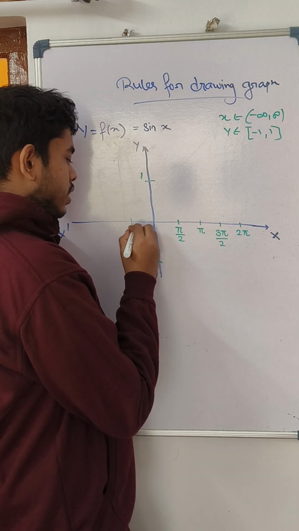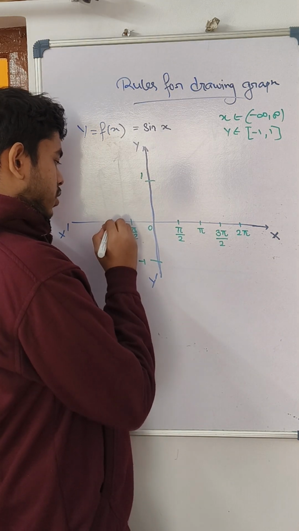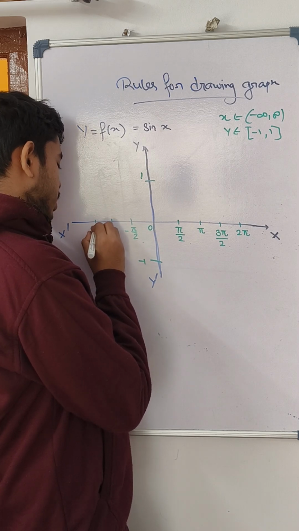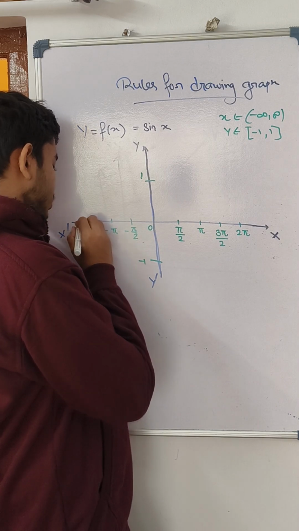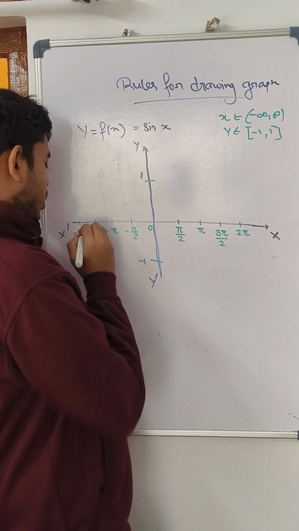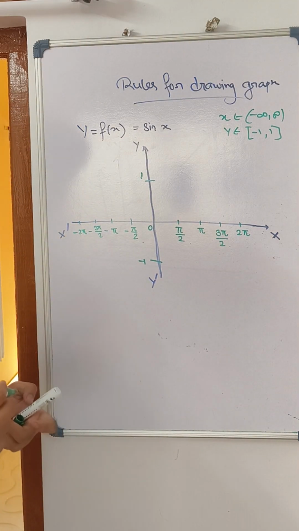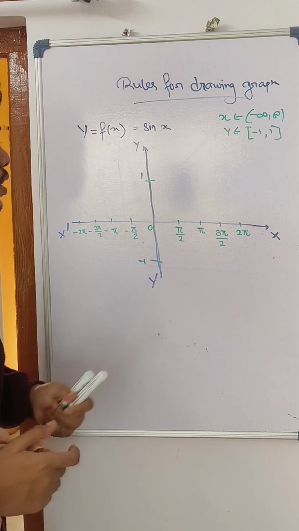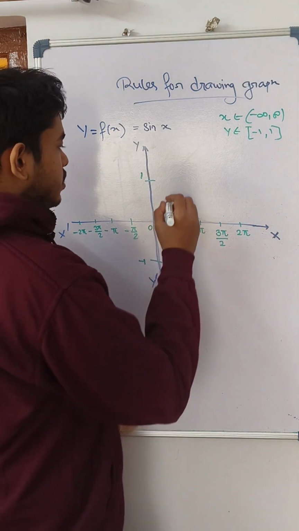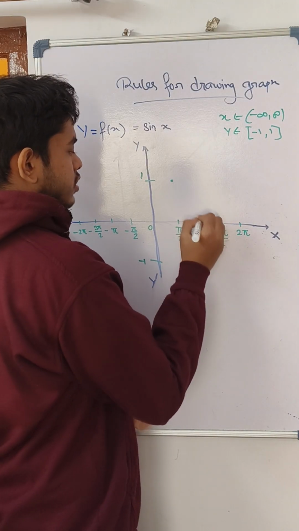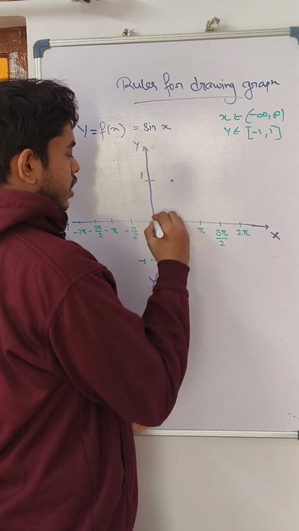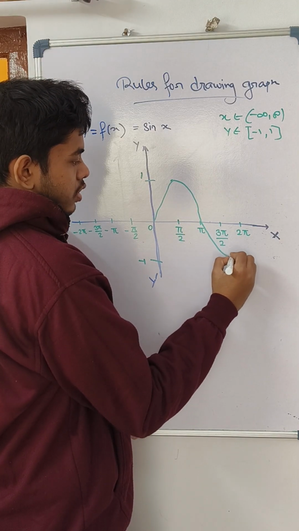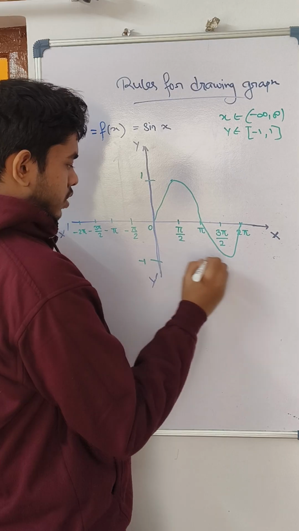Same here, minus pi by 2, minus pi, minus 3 pi by 2, minus 2 pi. Okay. Now, what is the value of sine pi by 2? Sine 90 is 1, and at 0 it is 0. So again, we start from here to here, and this is minus 1.